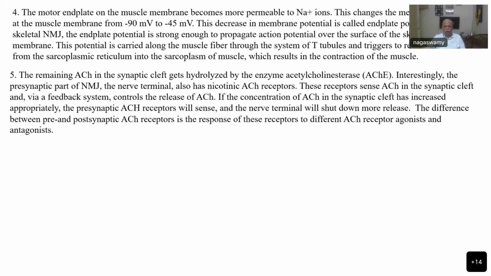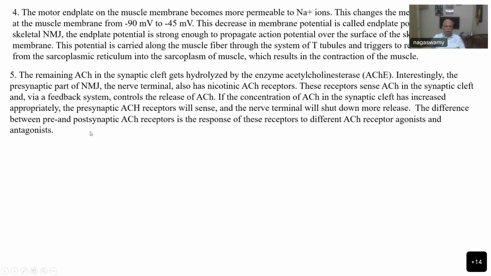So if the concentration of acetylcholine in the synaptic cleft is increased appropriately, the presynaptic acetylcholine receptors will sense that and the nerve terminal will shut down more release. This is how each signal is terminated so that it doesn't go on activating the postsynaptic junction.